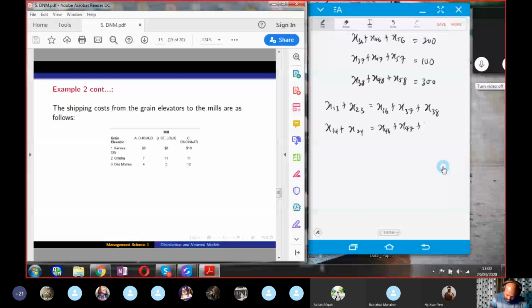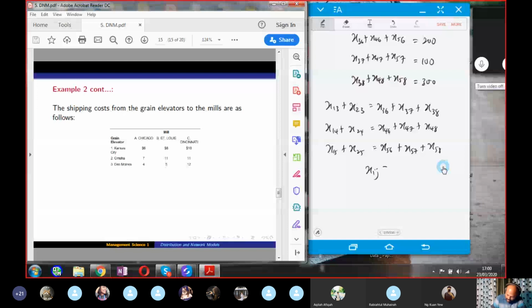And this is warehouse 3. That's all, the constraints.